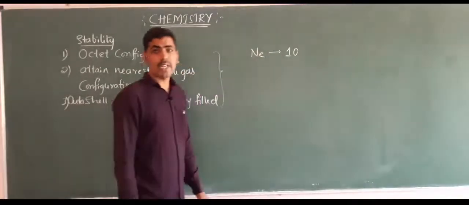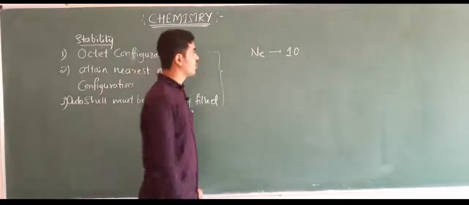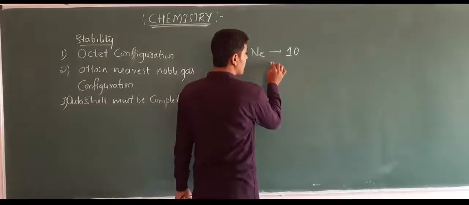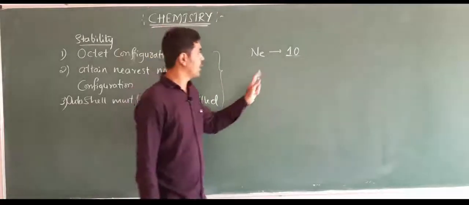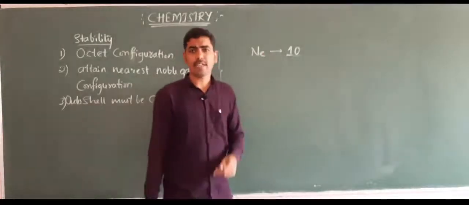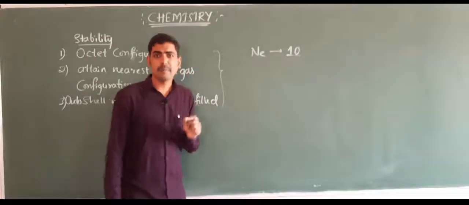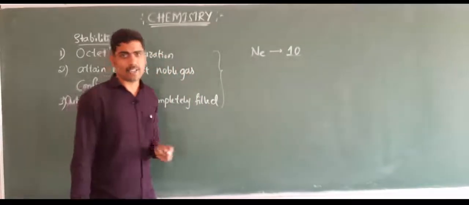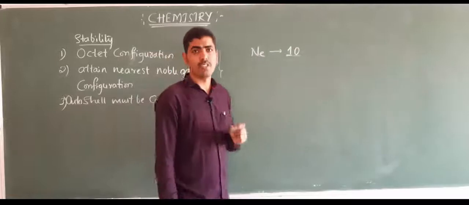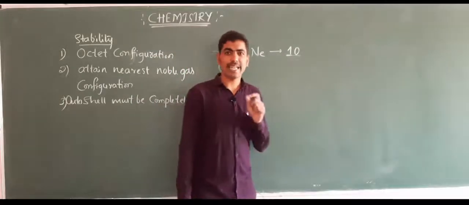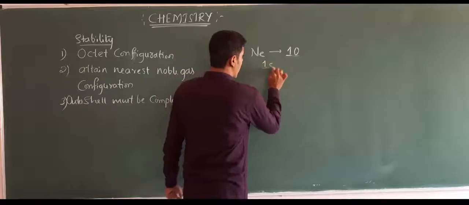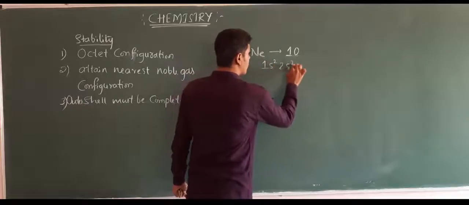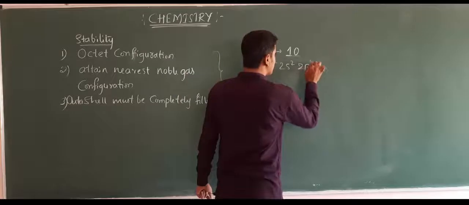Then how will you write the electronic configuration of neon? 10 means 10 protons are there. If 10 protons are there, how many electrons will be present? There will be 10 electrons, because the number of protons is equal to the number of electrons, and hence we will write it as 1s2, 2s2, 2p6.